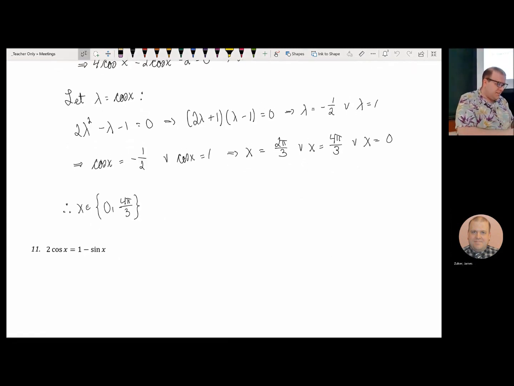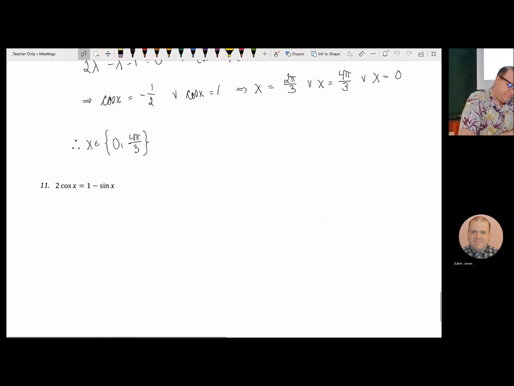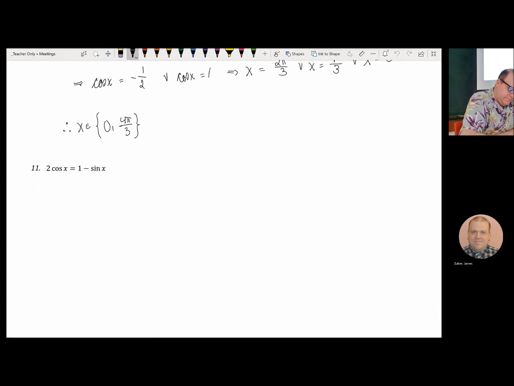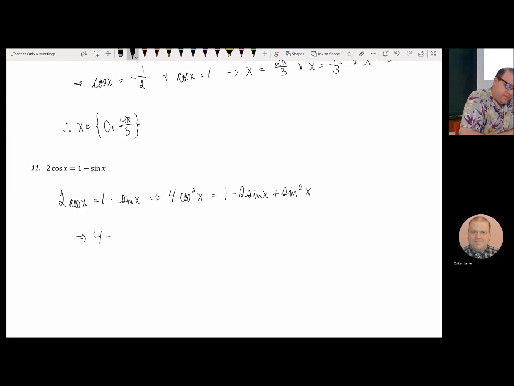2 cosine x equals 1 minus sine x. We're going to square both sides again. Right, cosine squared is 1 minus sine squared.